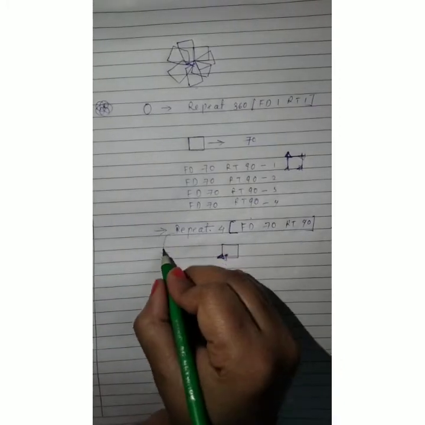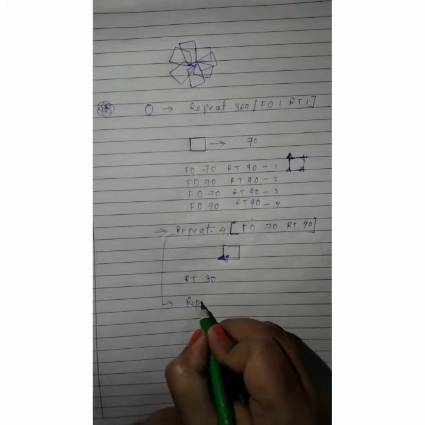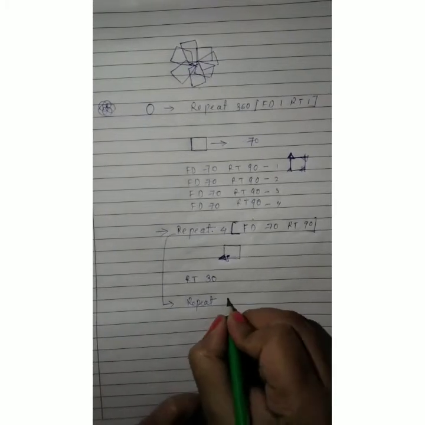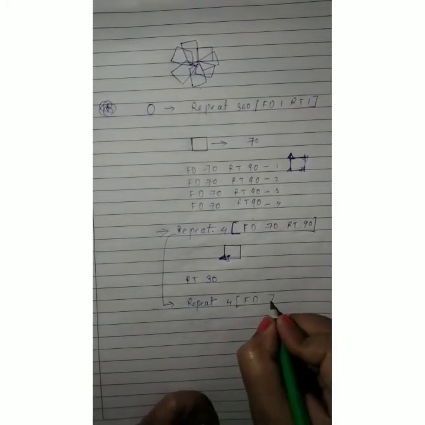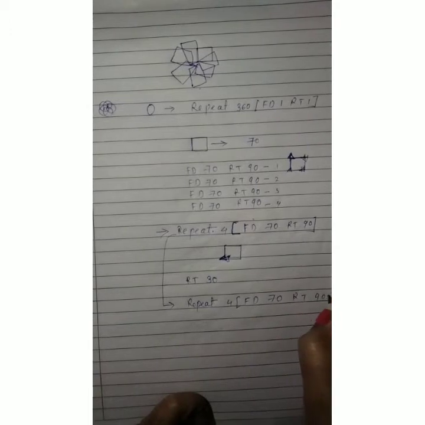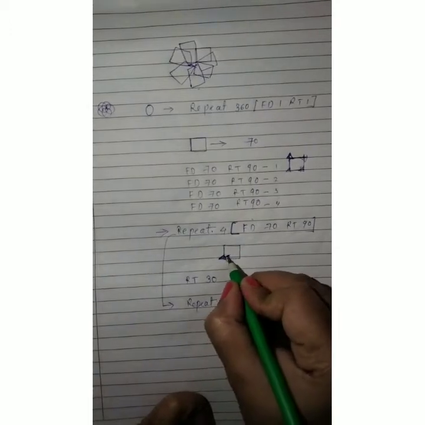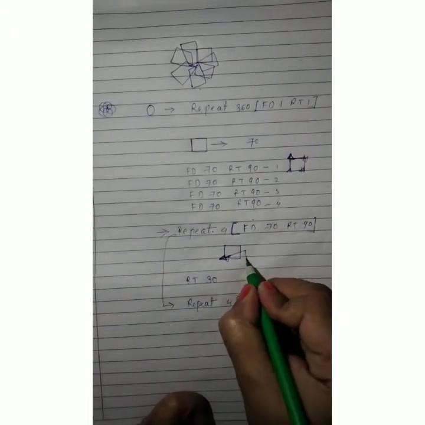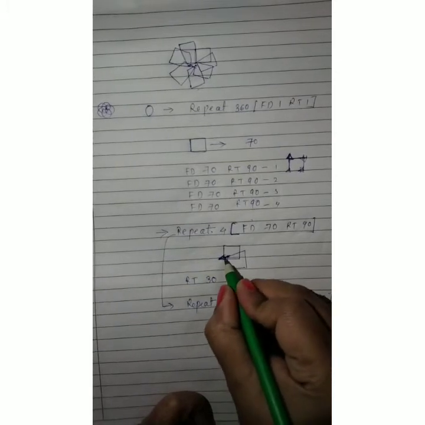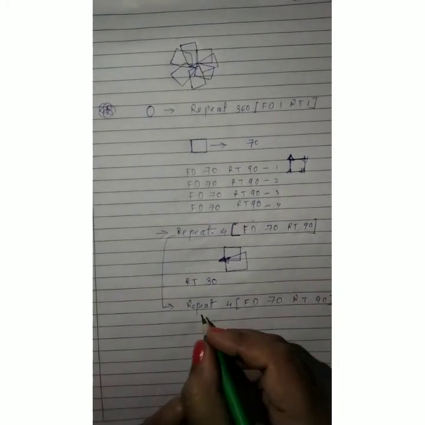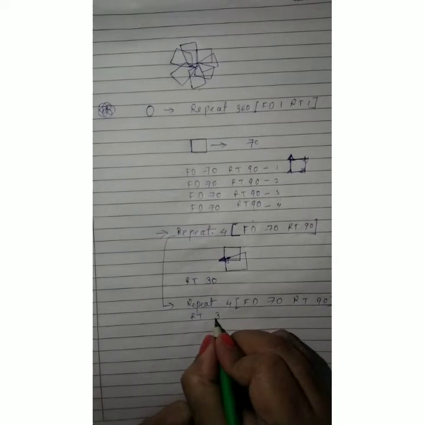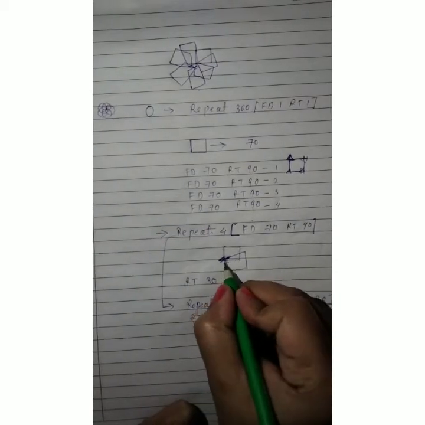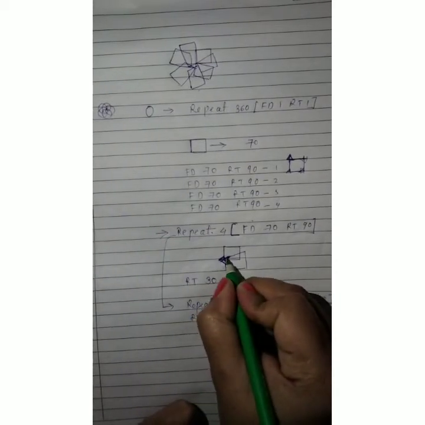Now again I will write the same step: repeat 4, FD 70, RT 90. After writing this, the output will be like this. Again I will give the command RT 30, so the turtle turns in the right direction.